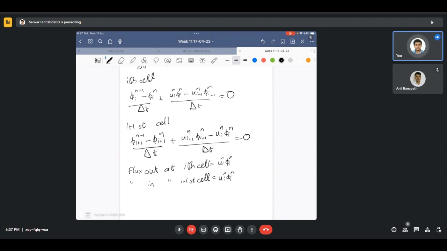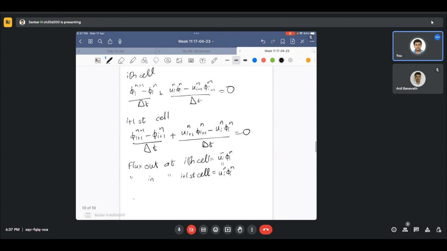We can see that these both are equal, therefore this is a conservative form of the equation.